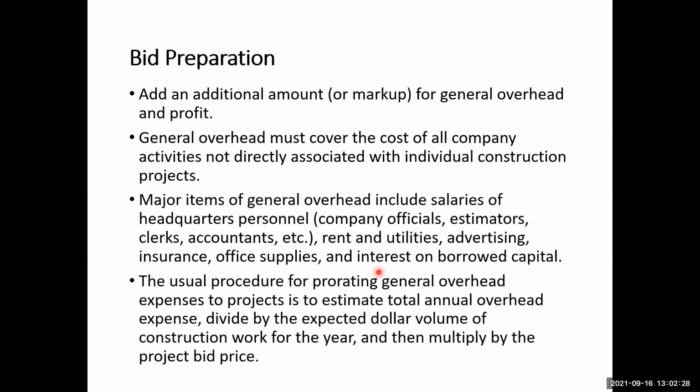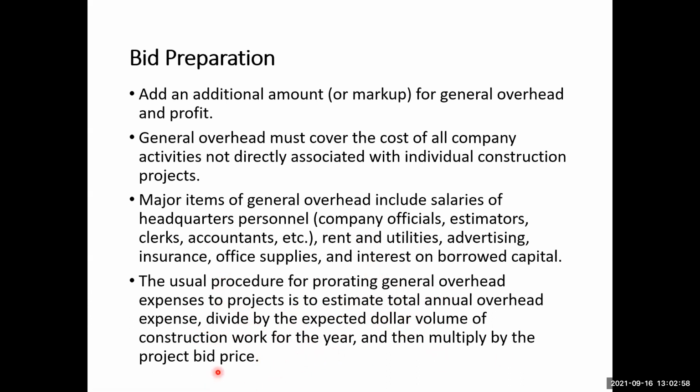So then if we have several projects, depending on the overall value of the project, these general overhead expenses are then apportioned on a pro rata basis. So the usual procedure for prorating the general overhead expenses to projects is to estimate the total annual overhead expenses, divide by the expected dollar amount of the construction work for the year, and then multiply by the project's bid price.